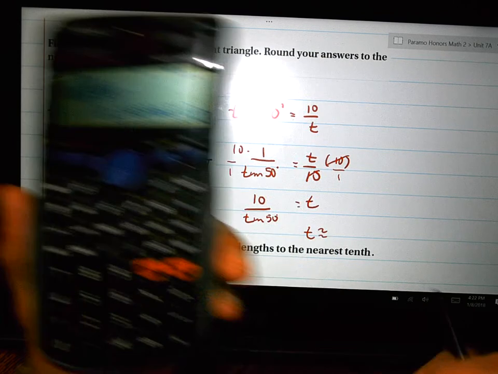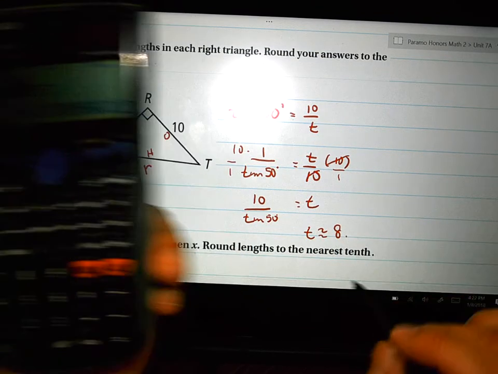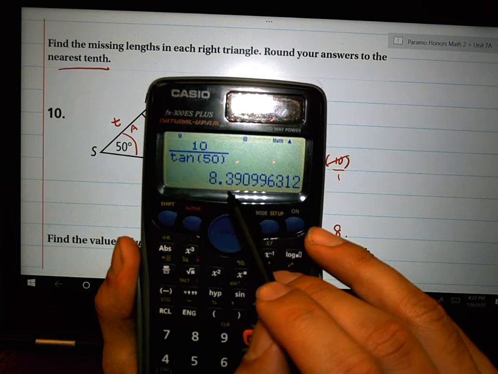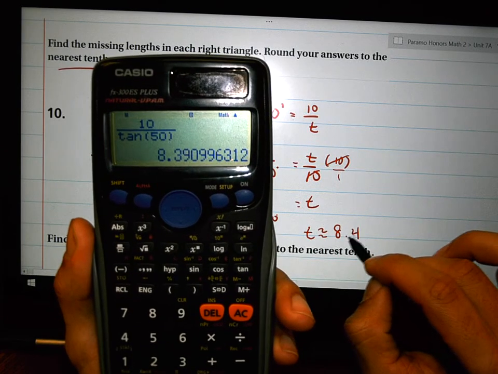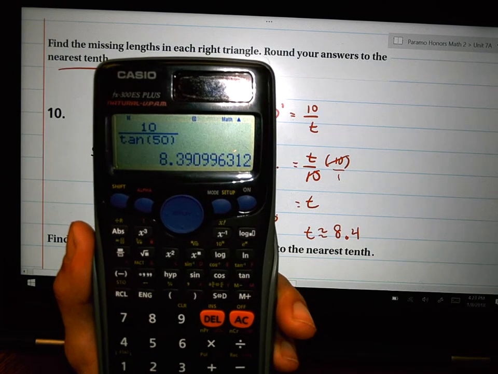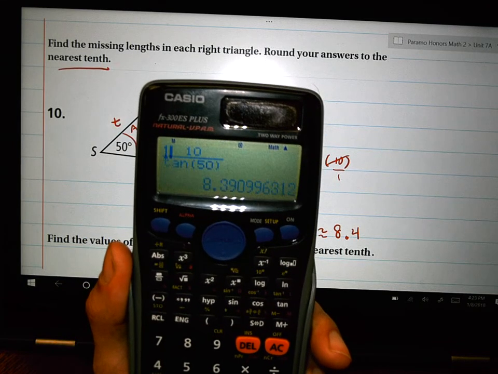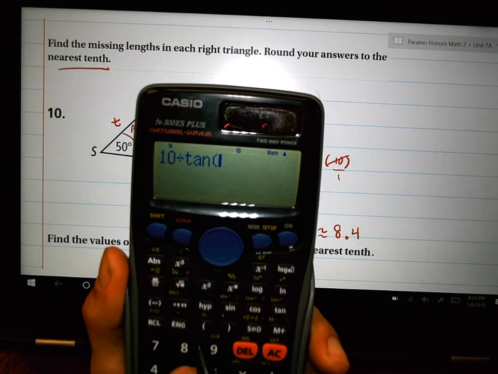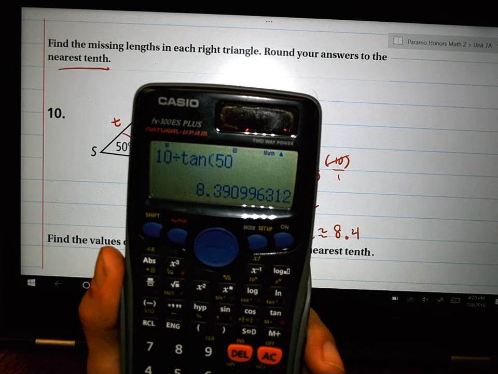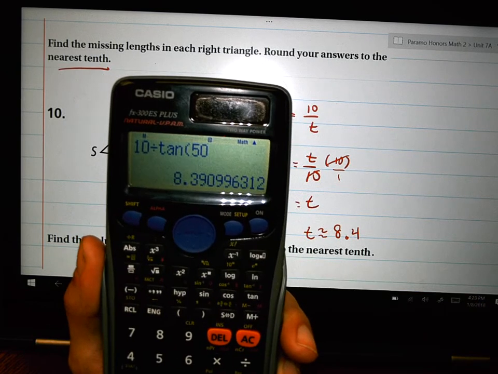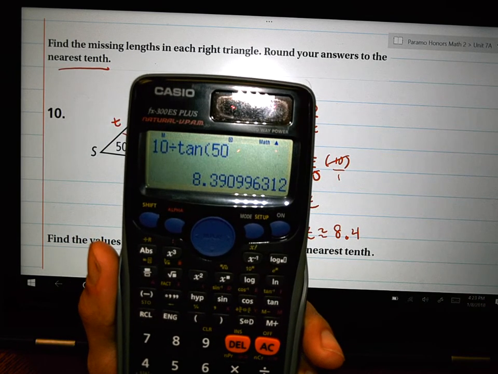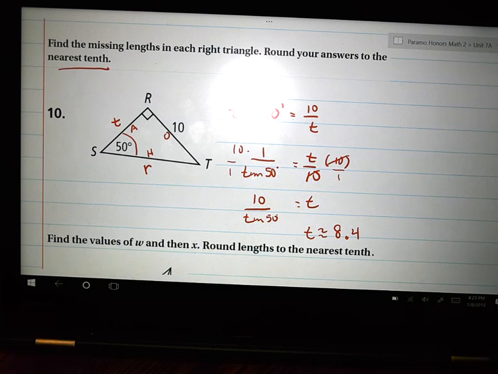It's about 8 point, round to the nearest tenth, 0.4. Now I want to show you one other way you can input this without the fraction button. You can do 10 divided by tangent of 50 as well, and you'll get the same answer, by the way. Calculator is required.